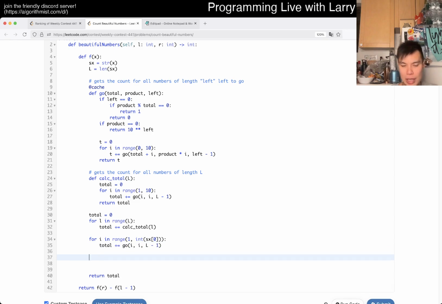But then now we have to recursively go, right, and then calc total, right?